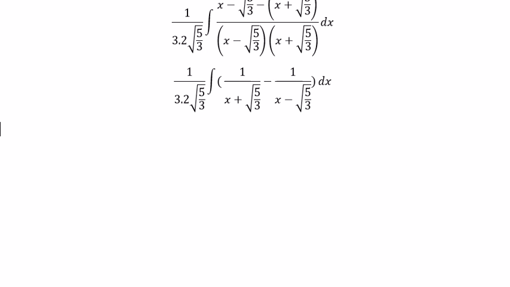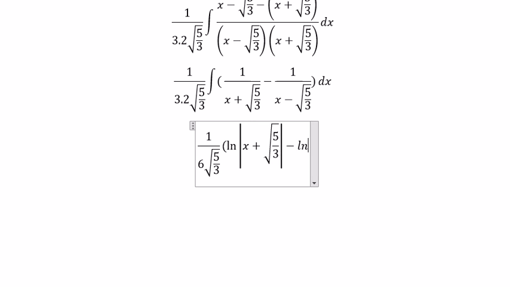Next, we can get the final answer. The integral of 1 over x plus the square root of 5 over 3, you will go about ln of absolute value of x plus the square root of 5 over 3.